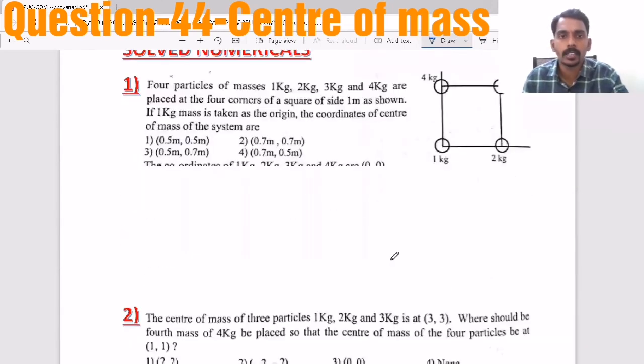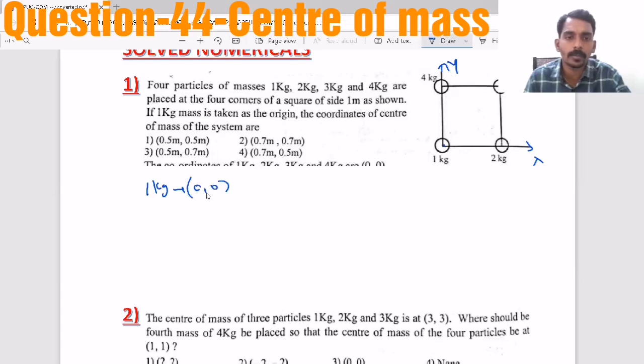Let's see a few examples of how the question can be asked. Here, four particles of masses 1 kg, 2 kg, 3 kg and 4 kg are placed at four corners of a square of side 1 meter. If 1 kg is taken as the origin, then this is our x-axis and this is our y-axis. For 1 kg, it is at origin, so 0, 0.